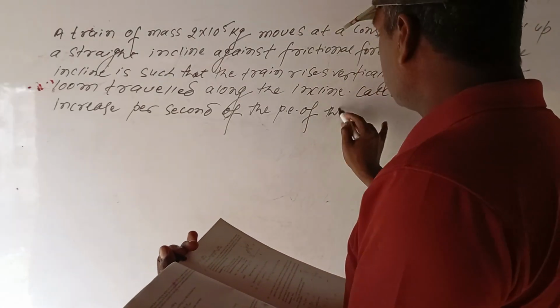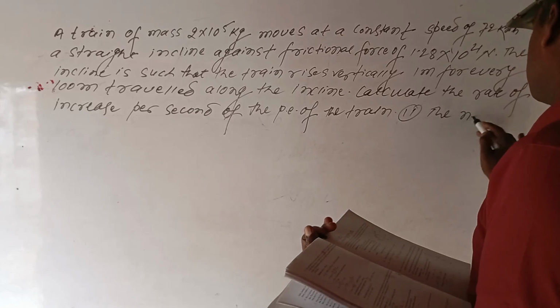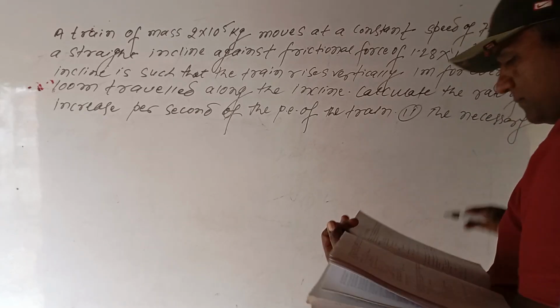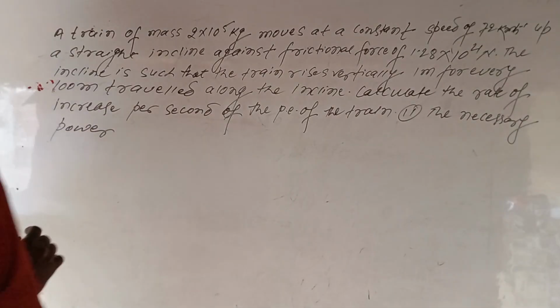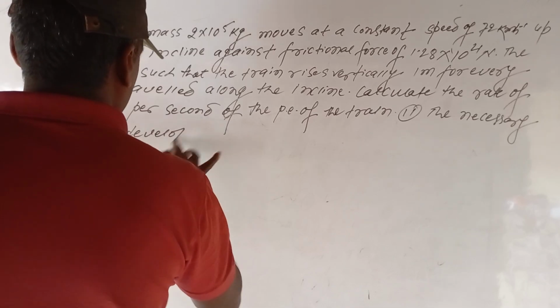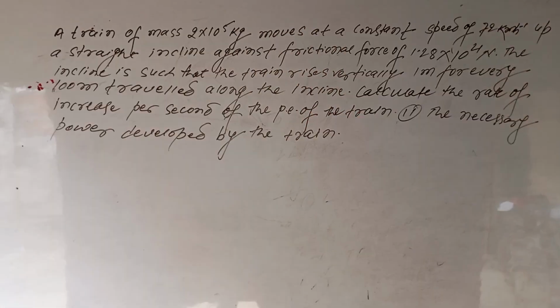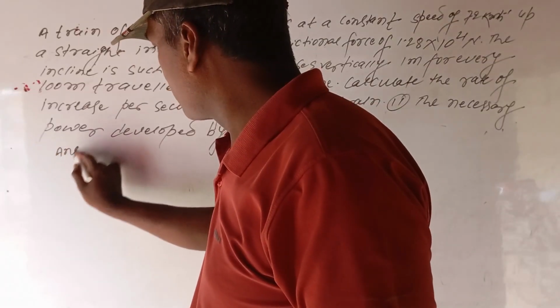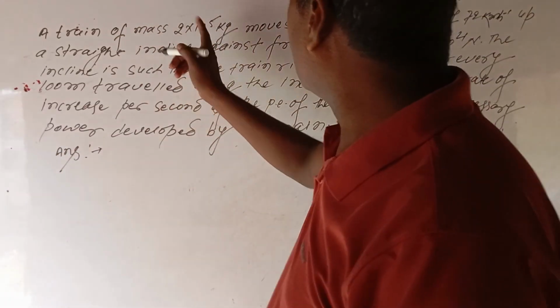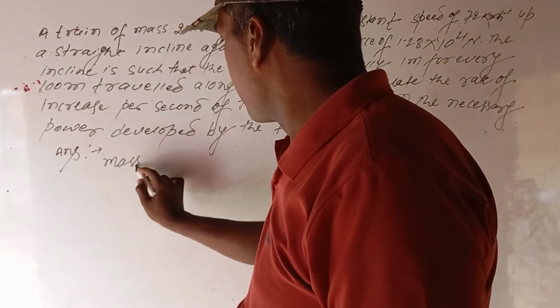The mass of the train is given as 2 × 10^5 kg, and it is moving on the inclined plane with a constant speed of 72 km per hour. As the train travels on the inclined plane, the frictional force acts in this direction.